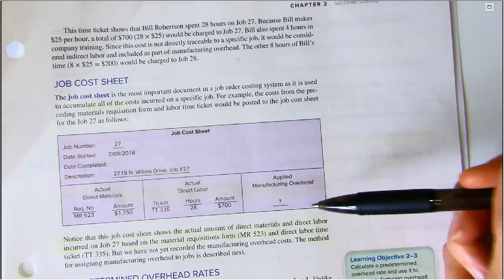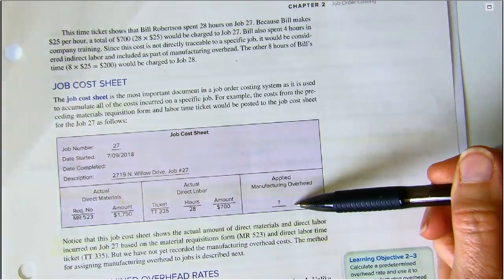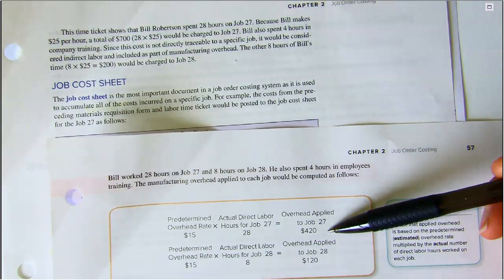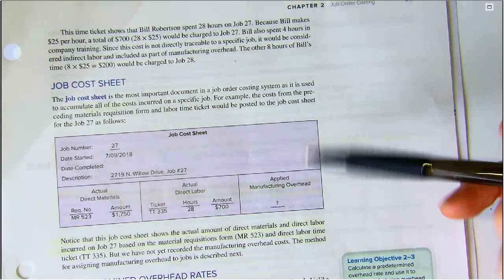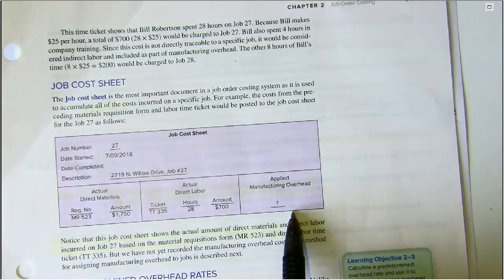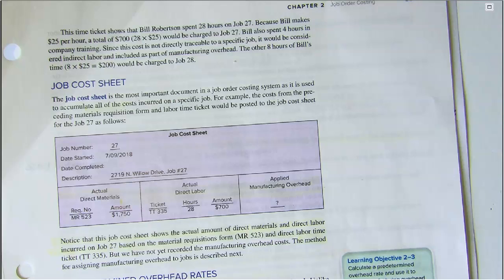So if we look back on the job cost sheet for 27, we will add $420 to that job cost sheet, and then we would add the three amounts to get the total job cost. So let's add those three up.